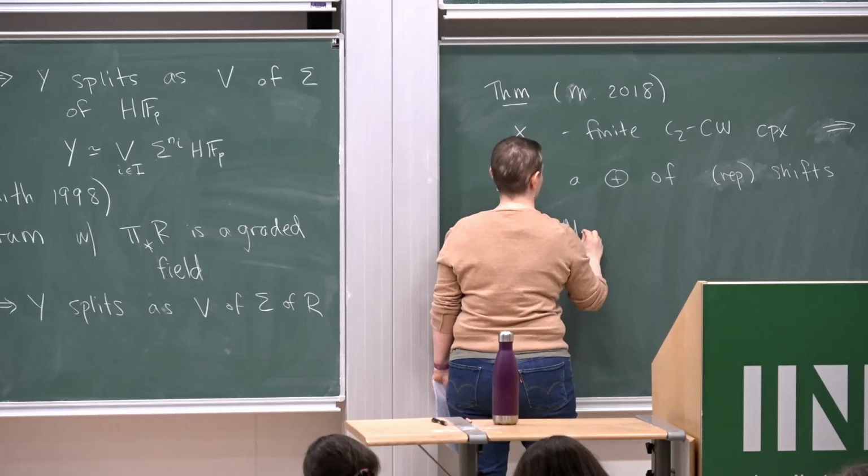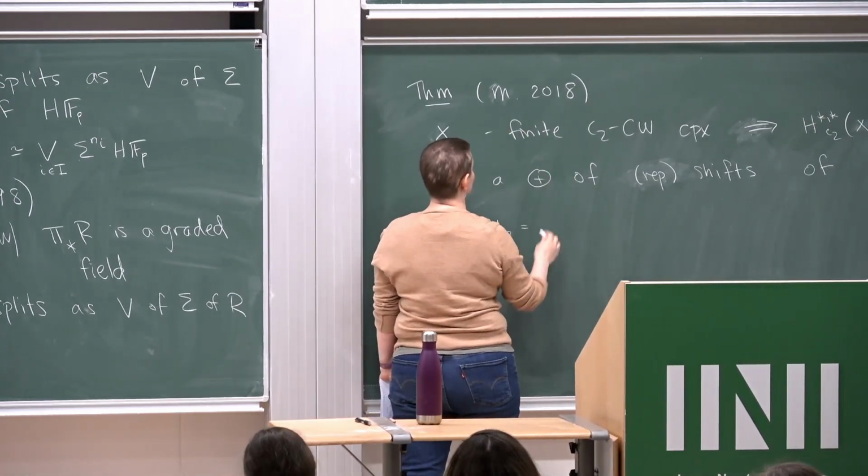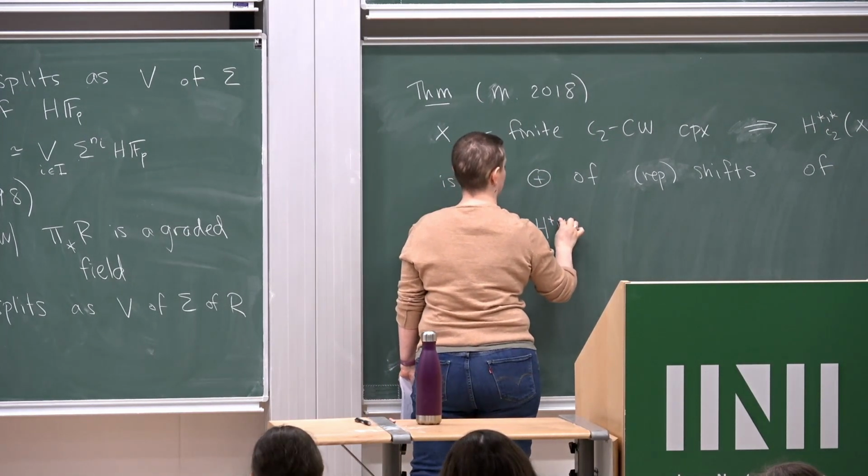So, of course, you need the coefficients. So you need M2, the cohomology of a point.